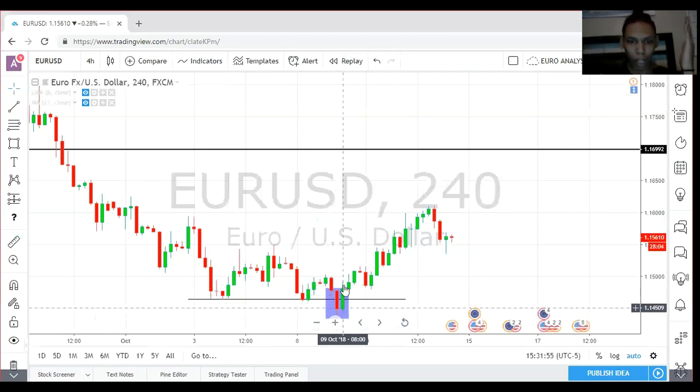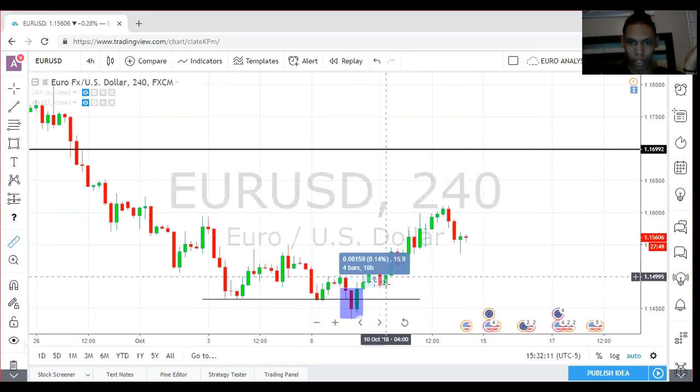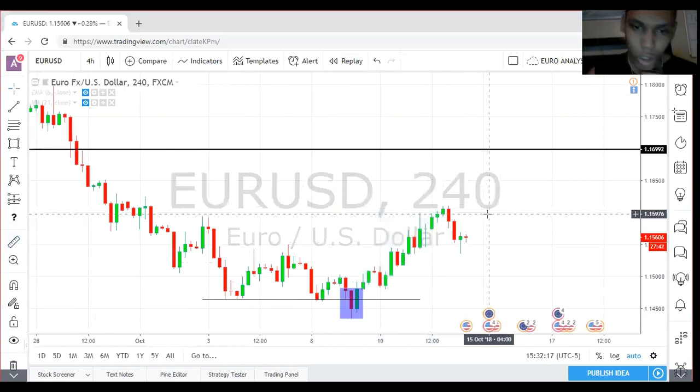Then a bullish engulfing closes higher than this bearish engulfing, close higher, bong, entry, next candle. If you missed that, you would have gotten in on a retrace right here, bong, entry, and rolled it up. 120 pips.